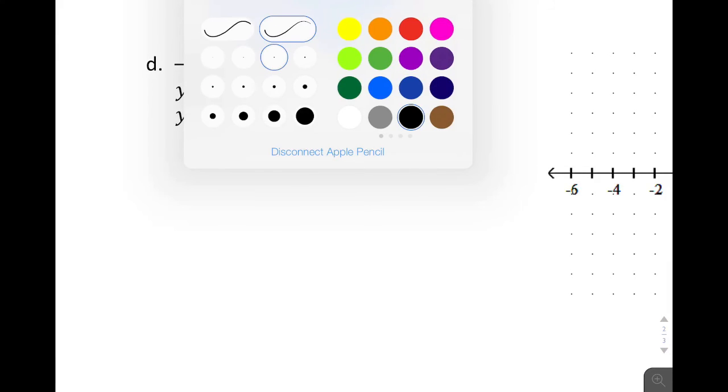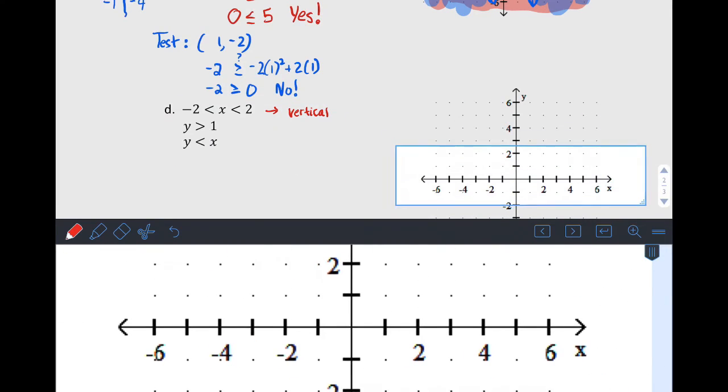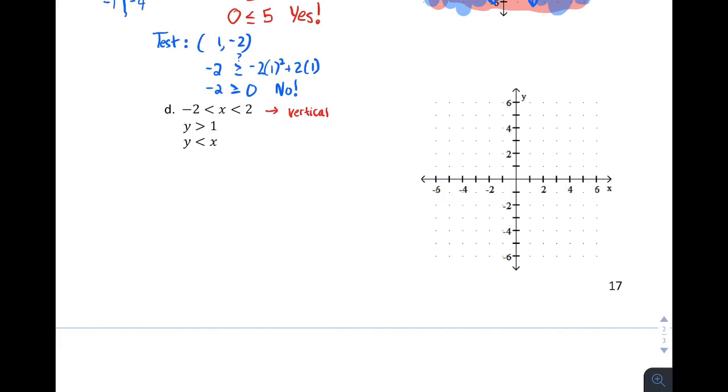Saved the easiest, I feel like, for last, even though it has 3 different inequalities. They're horizontal and vertical mostly. So the first one is just, if you think x equals 2, x equals -2, the boundary lines are vertical, and it's all the points that have x values between -2 and +2 is what that inequality says. So those points are in between those 2 vertical lines.